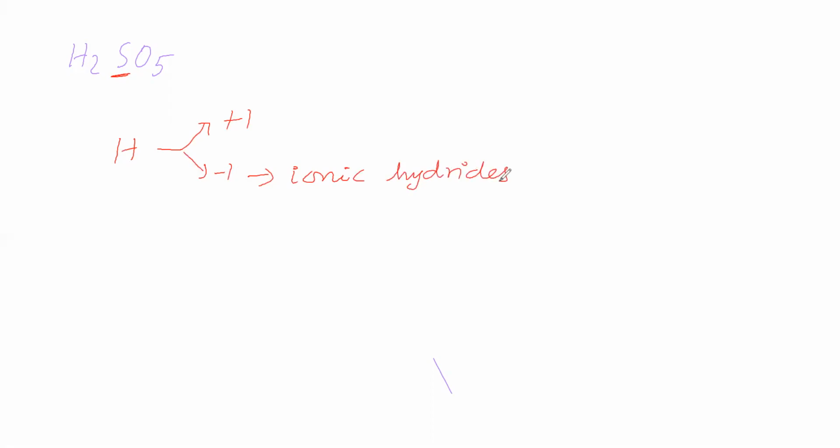Which are ionic hydrides? Alkali metal hydrides, alkaline earth metal hydrides, and aluminum hydride. In the ionic hydrides, hydrogen oxidation number is -1.